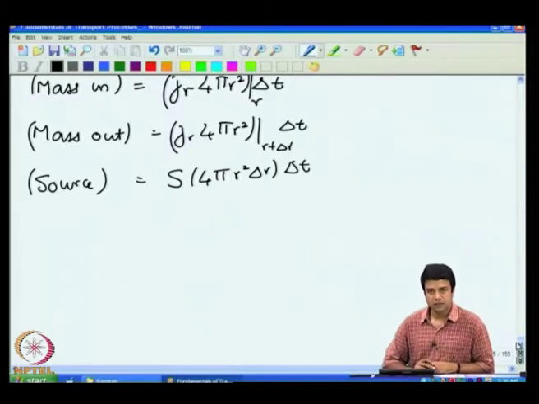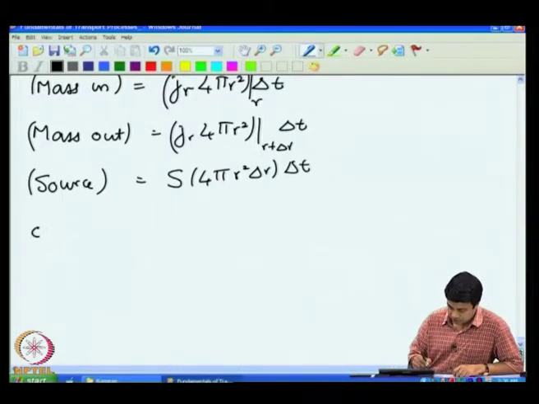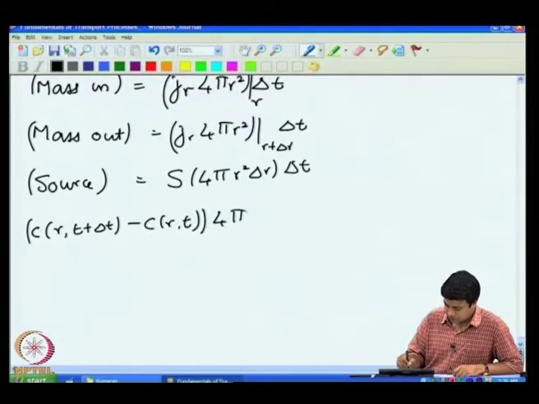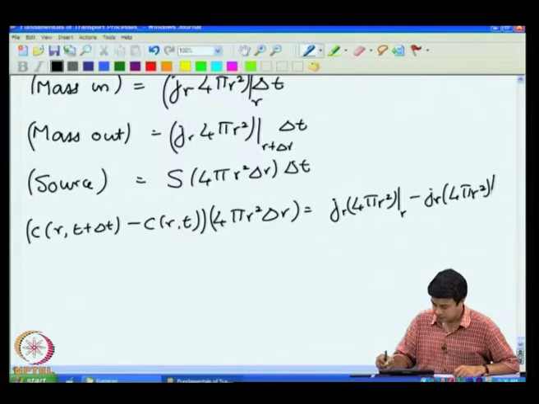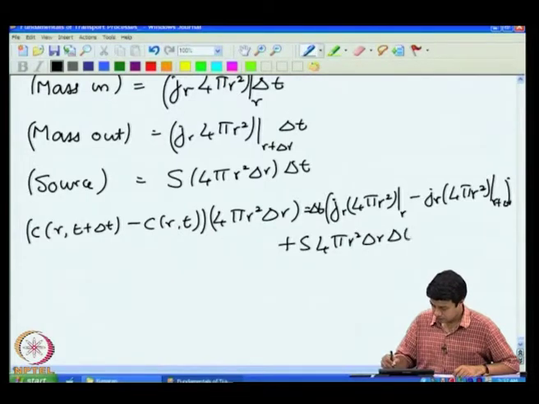So, for the spherical coordinate system, putting all this together, we get C at r, t plus delta t minus C at r, t, times 4 pi r square delta r, is equal to J r times 4 pi r square at r minus J r times 4 pi r square at r plus delta r, the whole thing multiplied by delta t, plus the source into 4 pi r square delta r delta t.